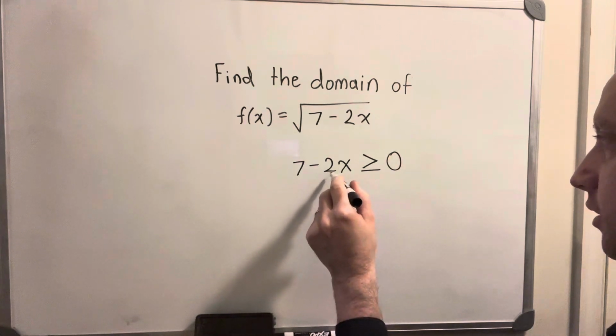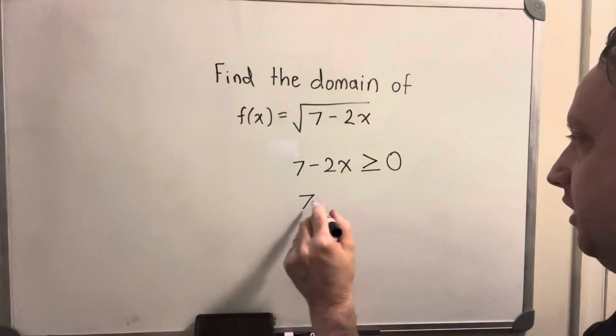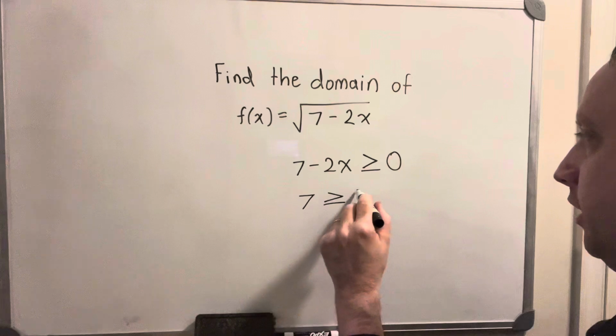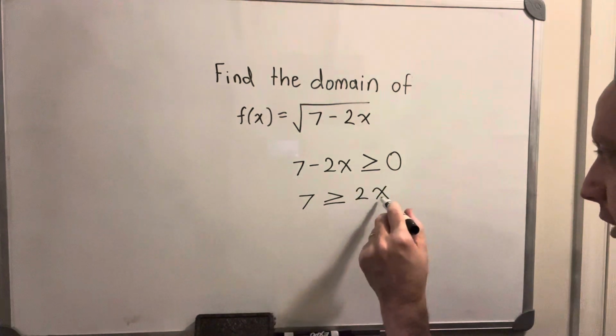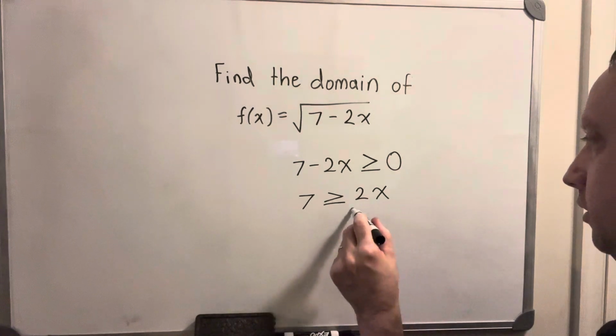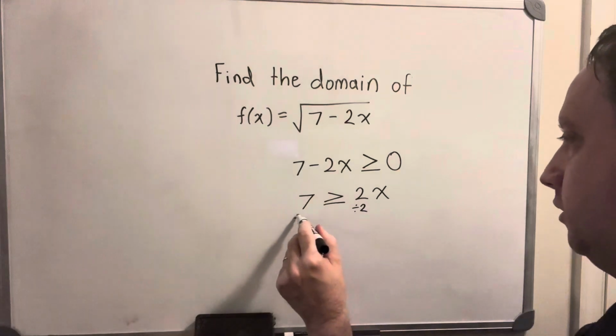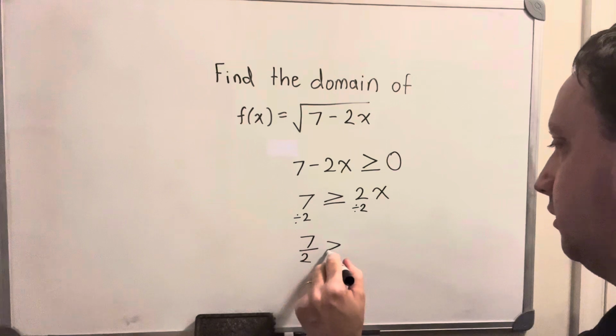I would move this minus 2x over by adding 2x to both sides. So you get 7 is greater than or equal to 2x. To get the x by itself, divide both sides by what? 2, right? Seven halves.